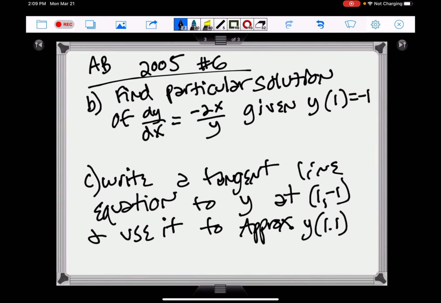I think actually they already gave us the first one. Like this is x.